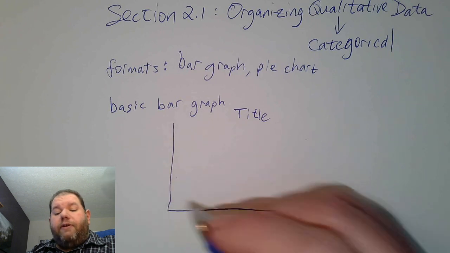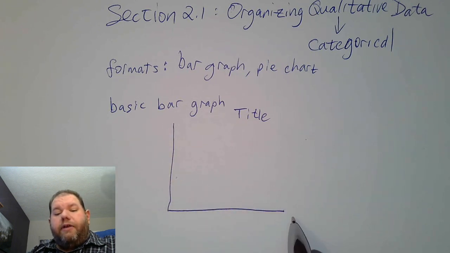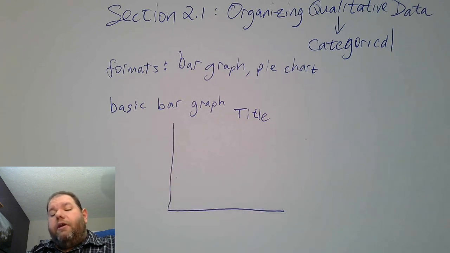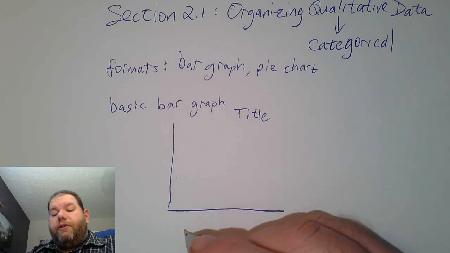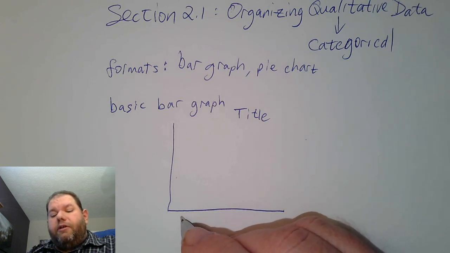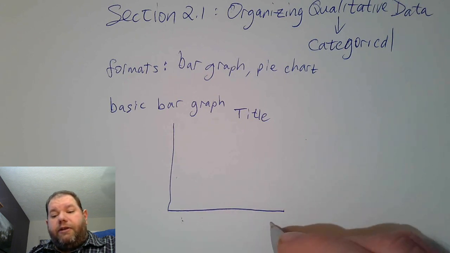We have two axes here. We have a horizontal axis and a vertical axis. Typically, on the horizontal axis, we'll put the individual data values, like the different data values that were selected.